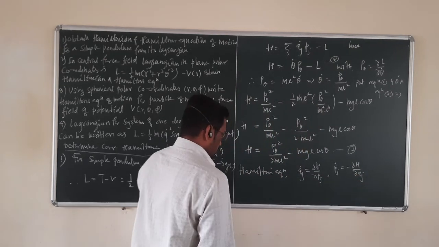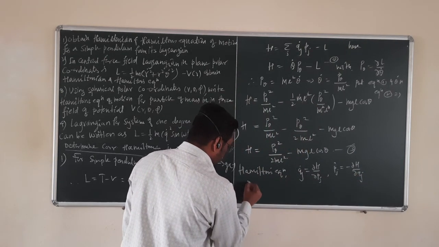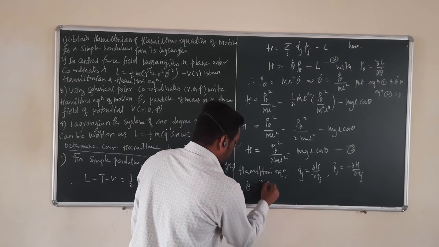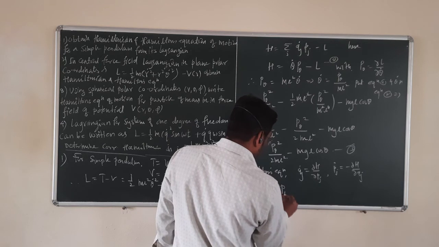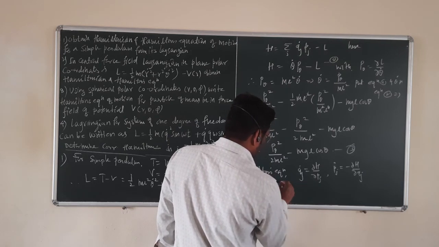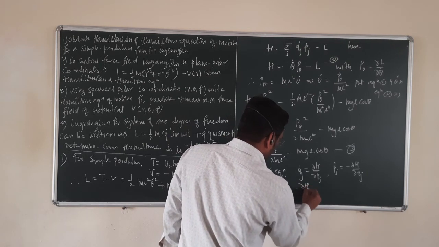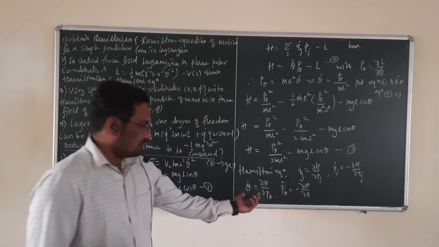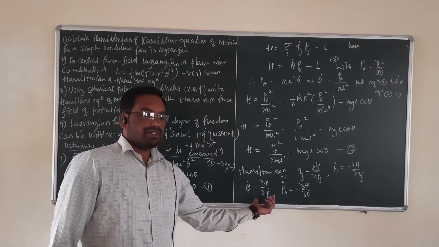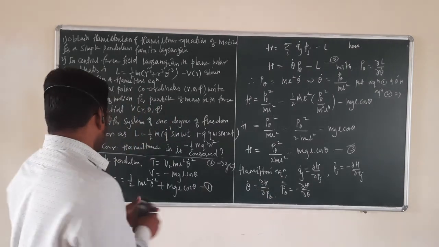So here q̇j means θ̇ is the partial derivative of the Hamiltonian with respect to pθ, and ṗθ is minus the partial derivative of the Hamiltonian with respect to θ.